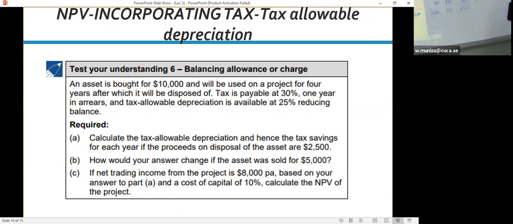Yes, where are you confused? I will apply the discount rate, but your cash flow. No, I have not applied the discount rate yet.